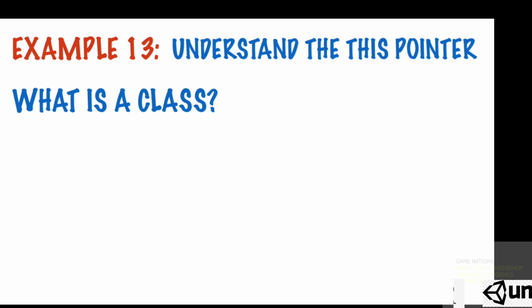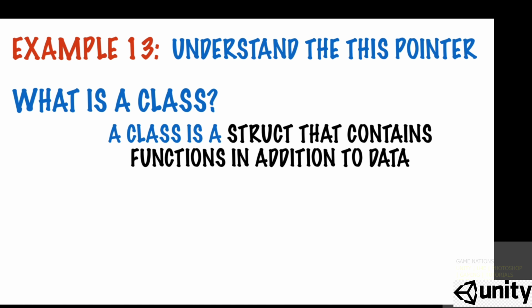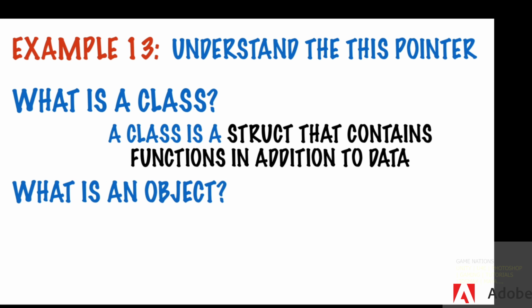What is a class? The easiest way to define it for people who come from C is that a class is a struct, that's a logical unit, that contains functions in addition to data. Struct contains just data. A class contains functions which act on that data, and they form a logical unit. What is an object?